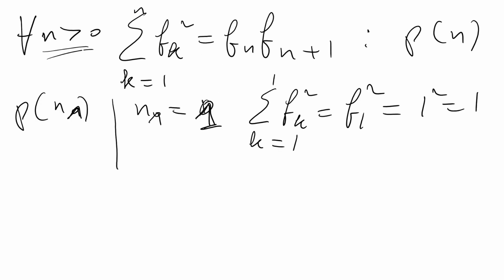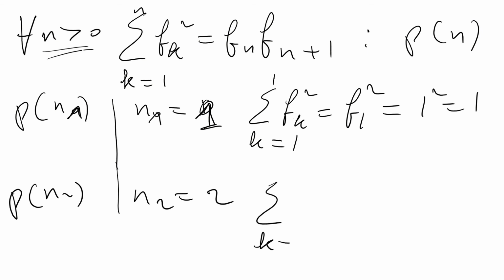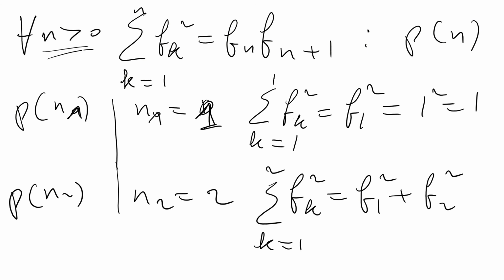So f1 is given. Now if you want to compute P of n2, n2 is equal to 2. So you're going to do the summation of k equal to 1 up to 2 of f_k squared, which is going to be f1 squared plus f2 squared, right?